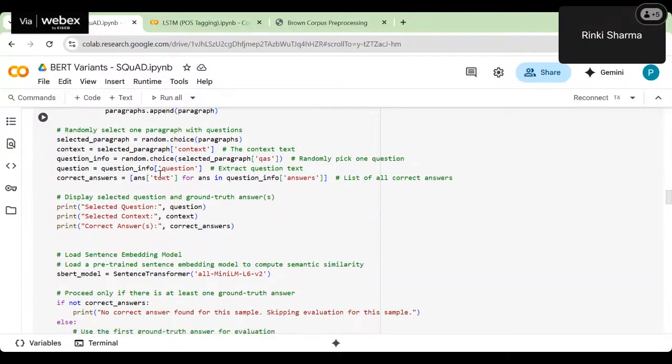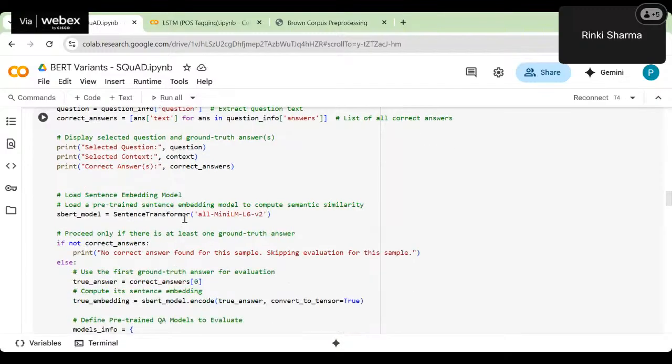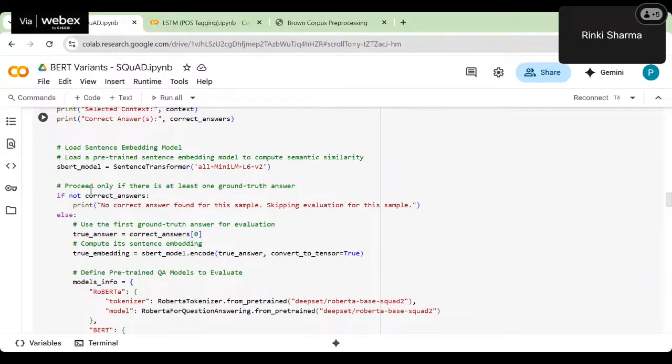After loading and choosing the context and the question, we start feeding them to the model. In order to get the embeddings of the chosen sentences, we load our sentence transformer model, all-MiniLM.